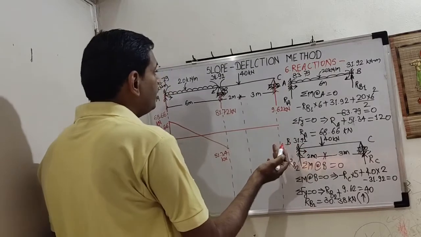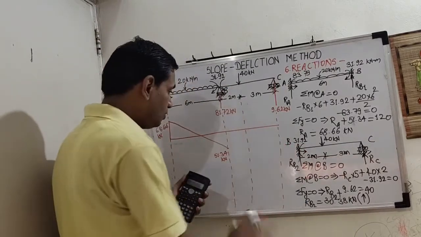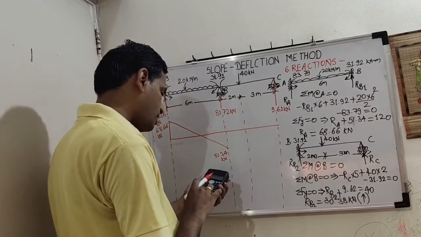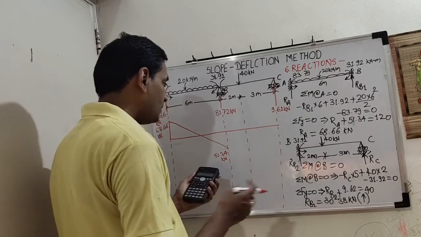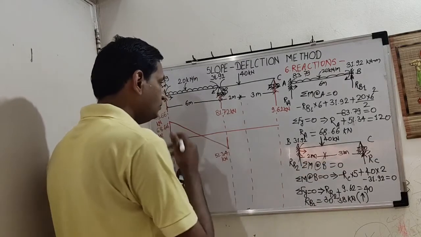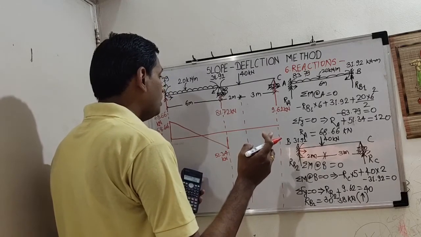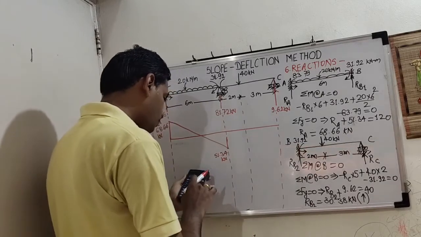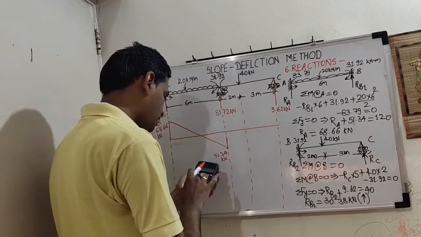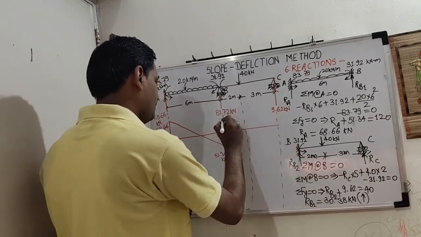On just the right hand side of B, what is the reaction? Minus 51.34 plus 81.72. So that will be 30.38.